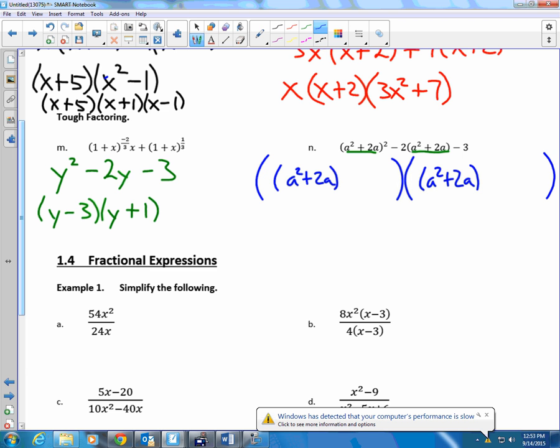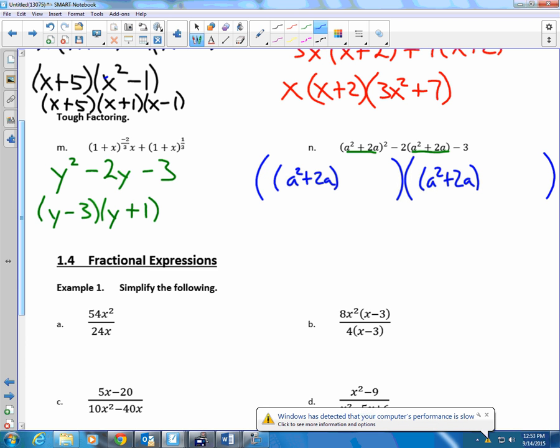So remember, that's like my y times y. Y times y gives me what? Not a trick question. Y times y gives me y squared. A squared plus 2a times a squared plus 2a gives me a squared plus 2a, squared. So I got that part, right?